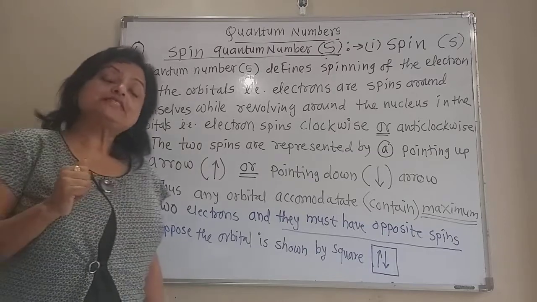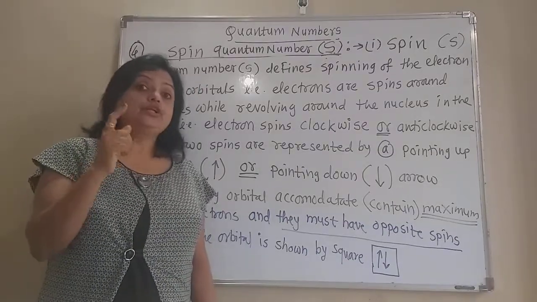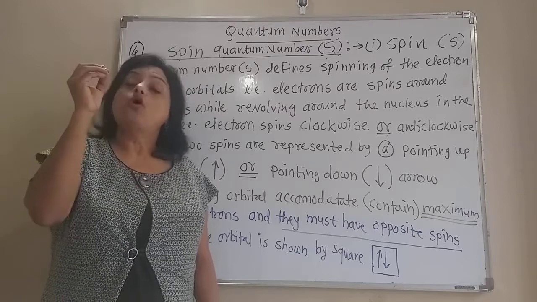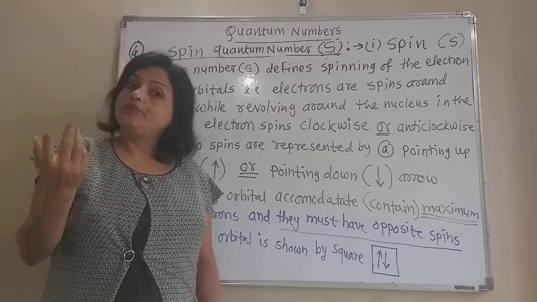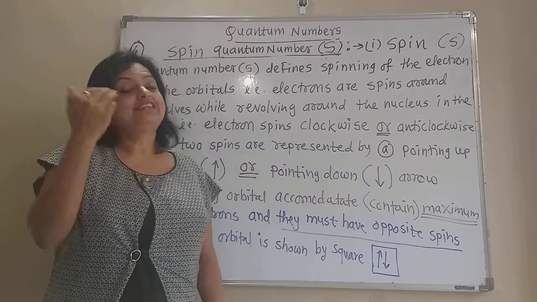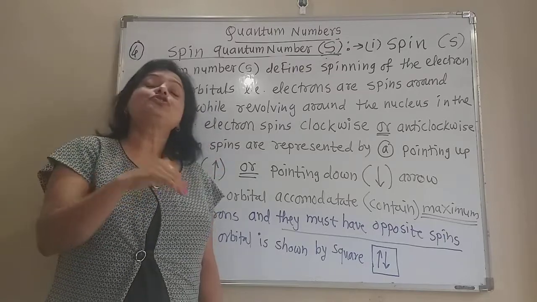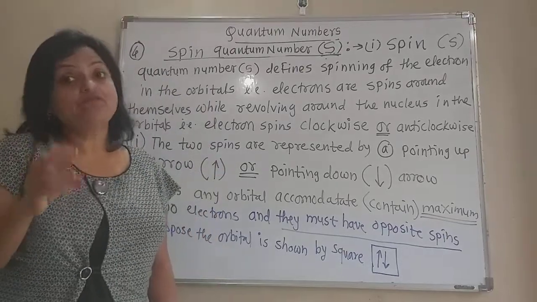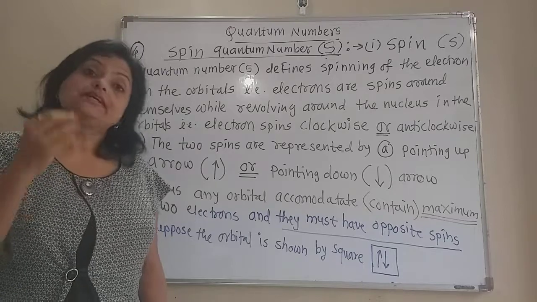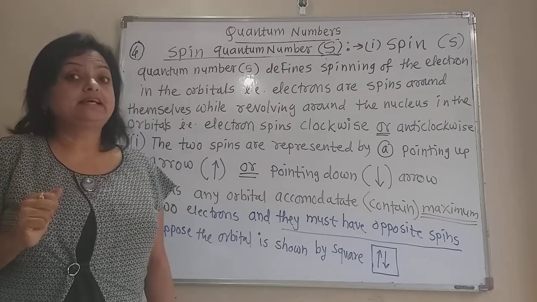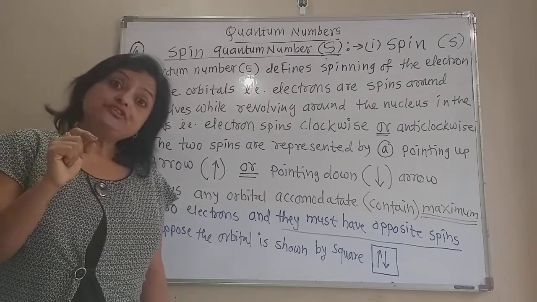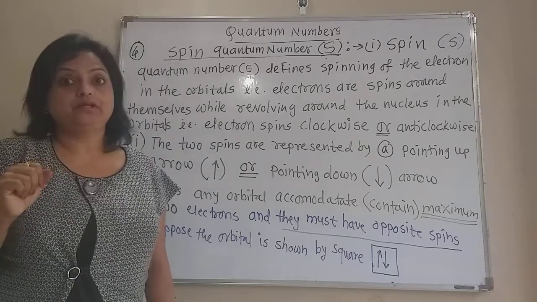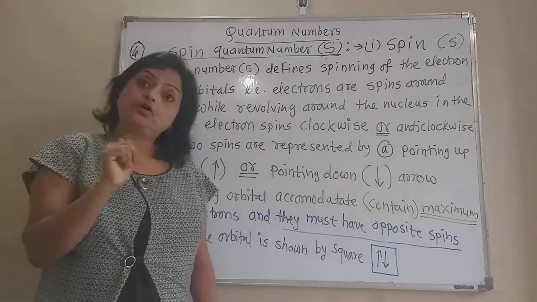When electrons revolve around the nucleus in the orbitals, which are in the subshell, and the subshells are in the main shell, they themselves spin around themselves.